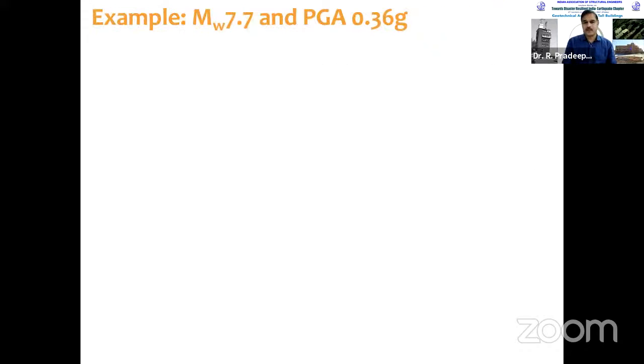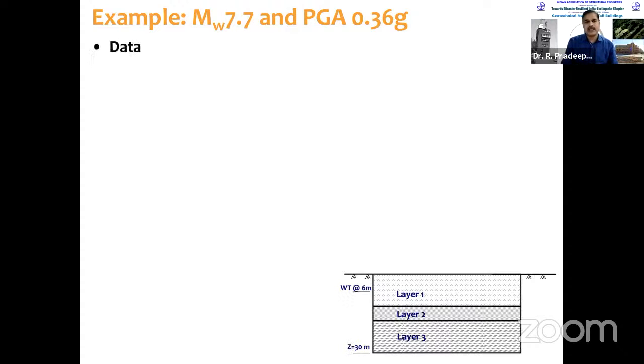One example: you can see magnitude 7.7 is envisaged in that area. That means a potential earthquake which might occur in that area, magnitude 7.7, and peak ground acceleration 0.36. And the other data of the site. So these are the layers. We are computing this at the 30 meter depth.